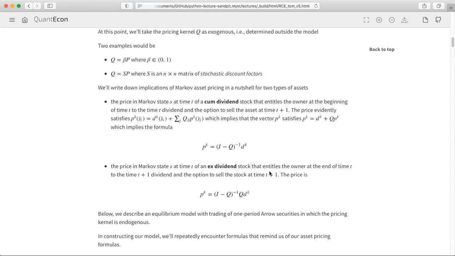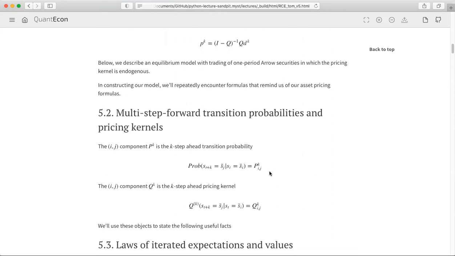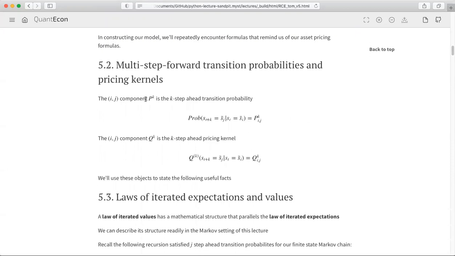Okay, and I'll take a little digression here and talk about multi-step forward transition probabilities and pricing kernels. So we know from the property of Markov chains that the ij component of the kth power of the transition matrix is just the k-step ahead transition probability.